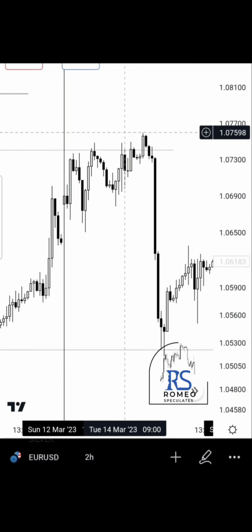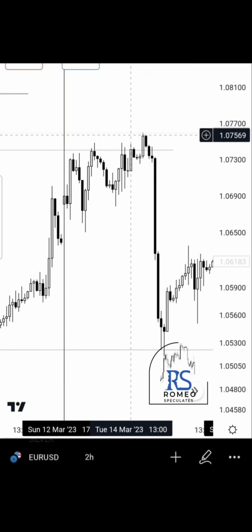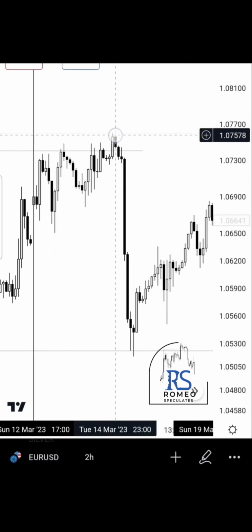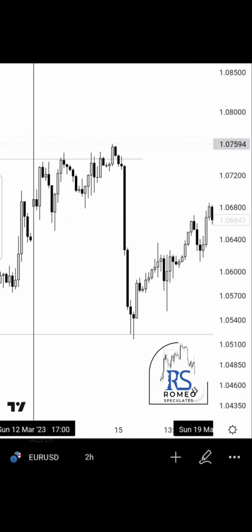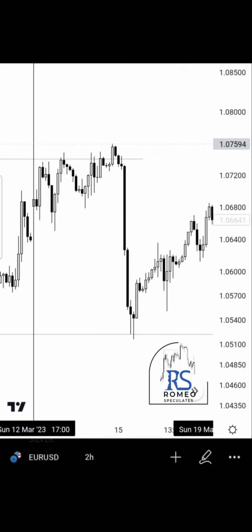So we can expect that to be followed by an expansion to the downside, and that is what I had in mind. All right, so my entry was right here. I'll be posting a picture of the execution after this video. But that was the thought process during all this.